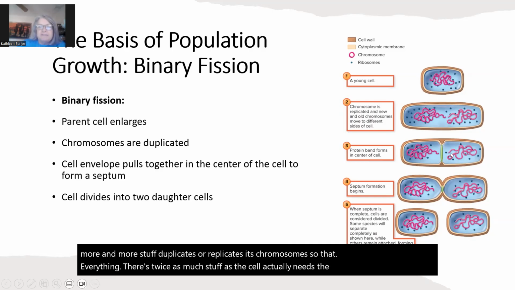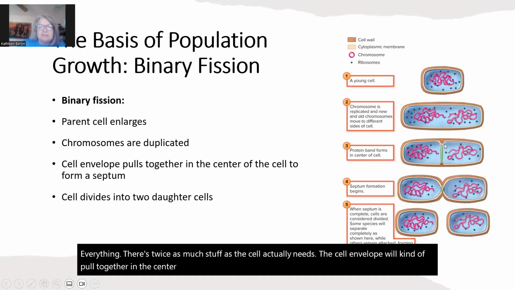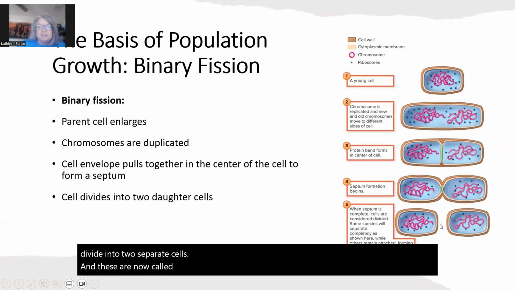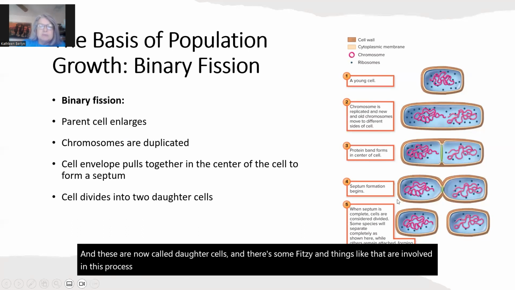The cell envelope will kind of pull together in the center, and that starts to form a septum, and then the cell wall will build and divide into 2 separate cells. And these are now called daughter cells. And there's some FtsZ and things like that that are involved in this process. We'll learn a little bit more about that when we talk about cell division.